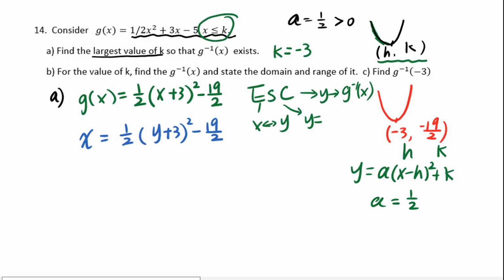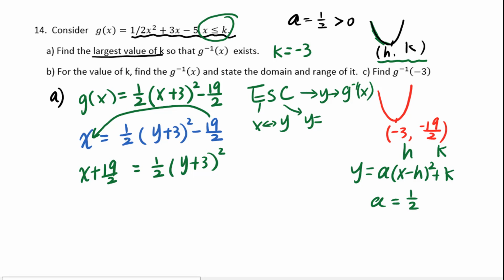Isolate the y plus 3 squared first. So we cross the river, change the sign: x plus 19 over 2 equals 1/2 times y plus 3 squared.